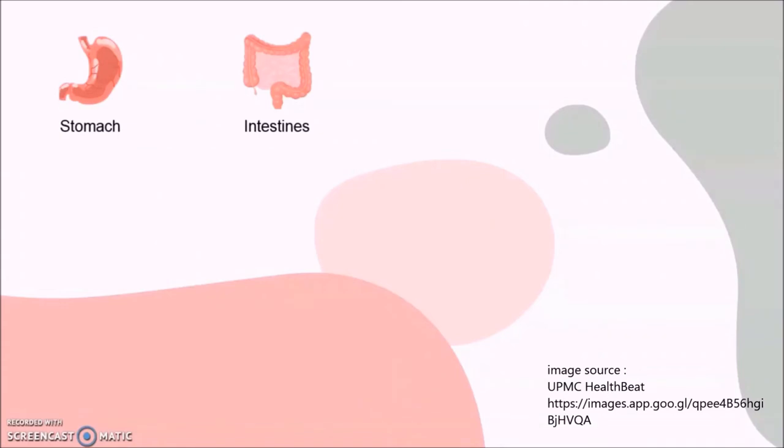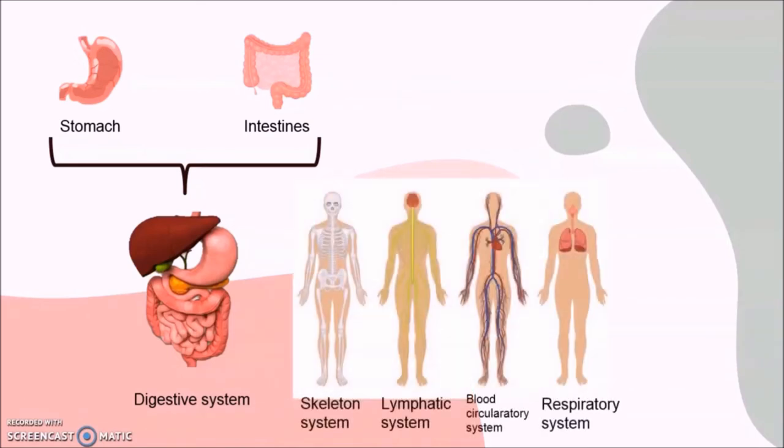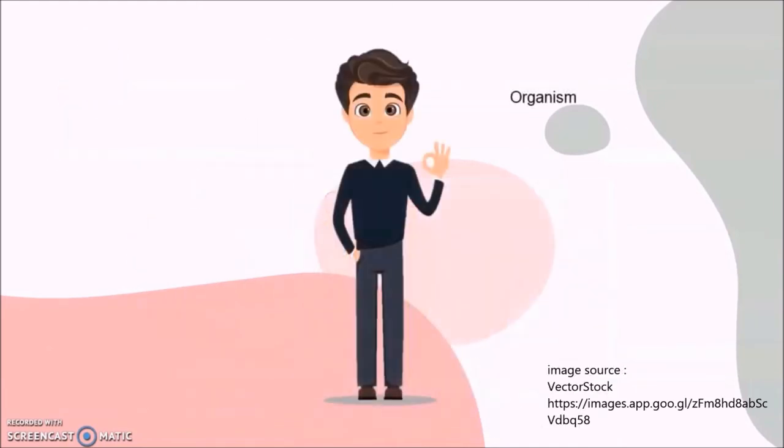When a group of different organs work together to perform a specific function, they form a system, such as the digestive system. And when all the systems work together, such as the digestive system, skeletal system, lymphatic system, blood circulatory system, and respiratory system, they make up an organism.